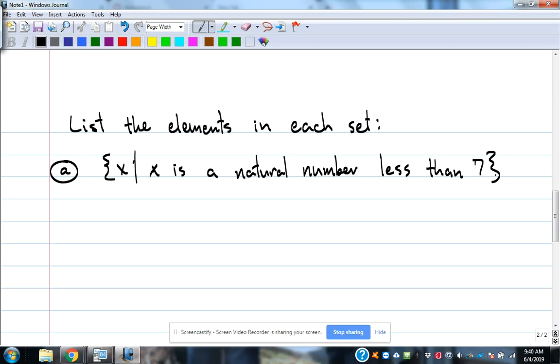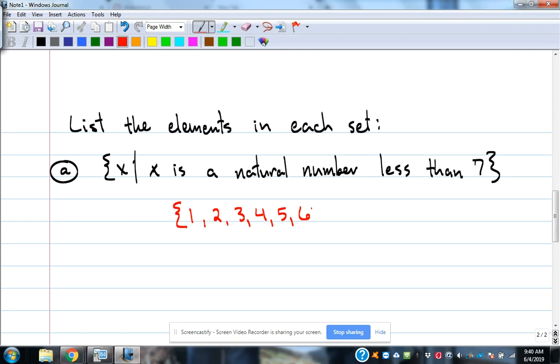Okay, so they write out this statement and say, okay, list the elements that fit that. Okay, so if we're going to list the elements that fit that, natural numbers are the counting numbers, 1, 2, 3, 4, 5, and so on. But this one says only the ones that are less than 7. So that would be the numbers 1, 2, 3, 4, 5, and 6.